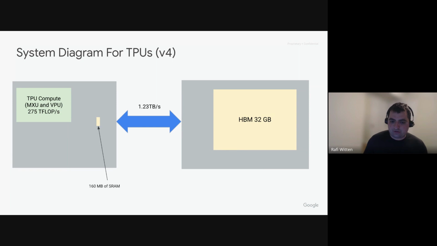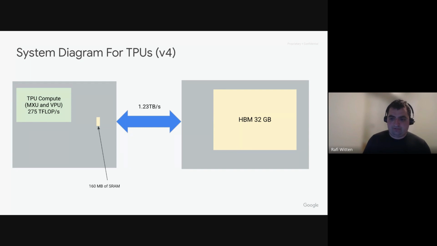What's interesting is that the memory is really quite far away from the chip, and that ends up governing how fast workloads run. Additionally, the SRAM, the fast memory on the chip, is something like a 200th of the memory available in the HBM, and that again governs the way we're going to make decisions.